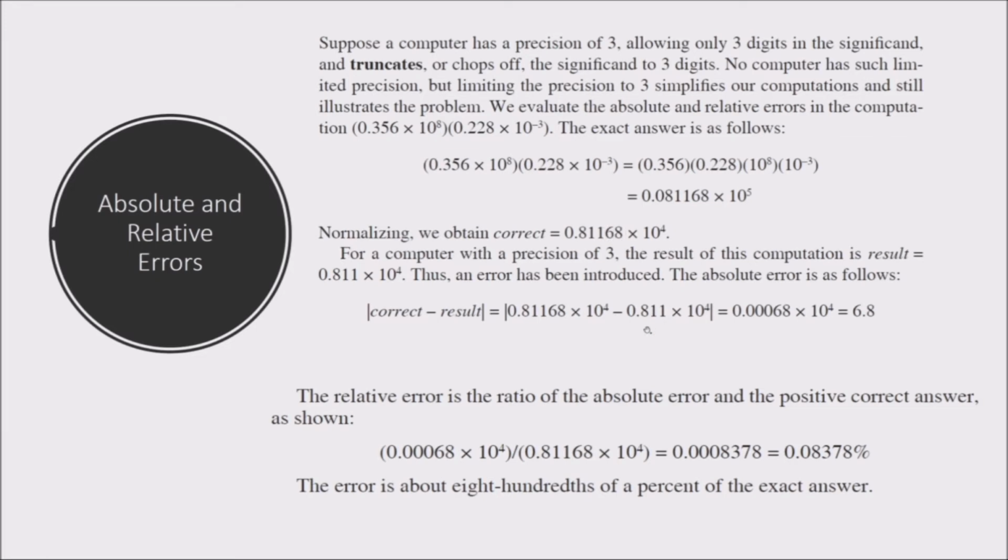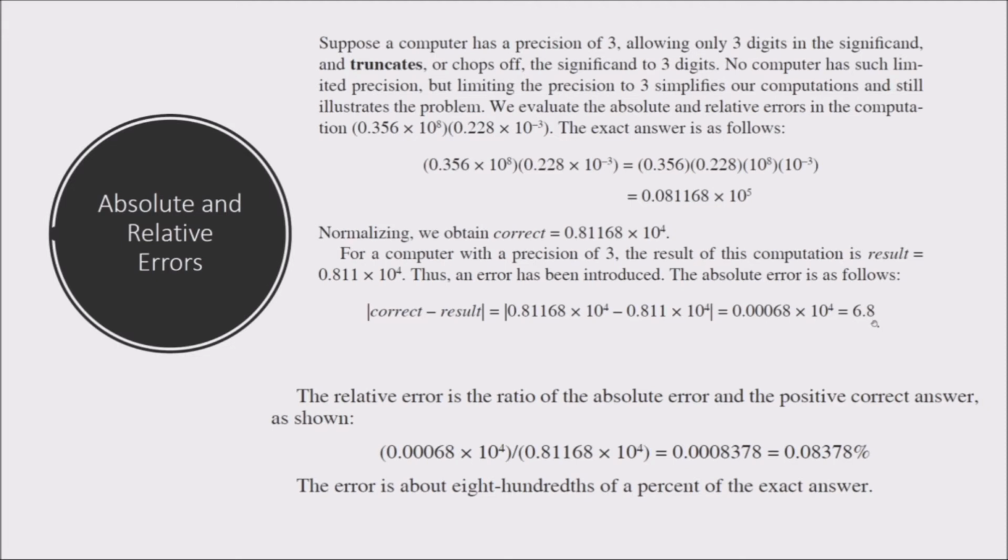So this is the original value, this is the cut off, truncated value. Then the answer is 6.18, right? When you calculate this, that is what you get as the actual error. So that is what we call the absolute error.